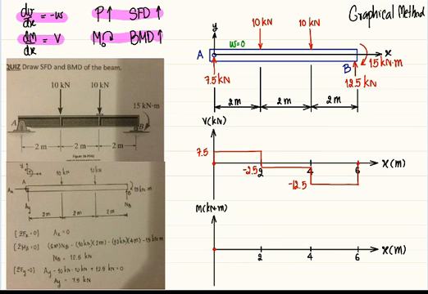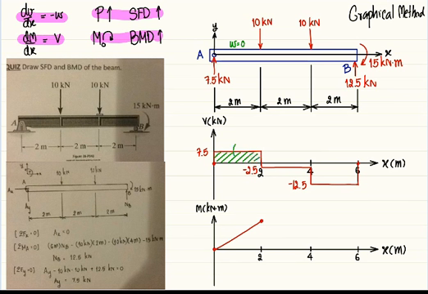So we draw the line that shows constant slope, and the slope is positive. The value here can be found from the integration equation, that is delta M is the integral of V dx, or delta M can be calculated from the area under the shear force diagram.